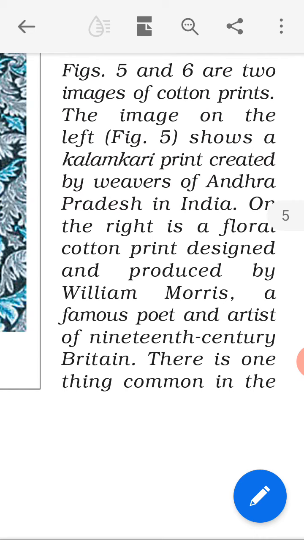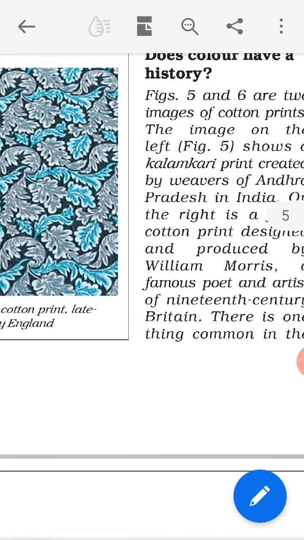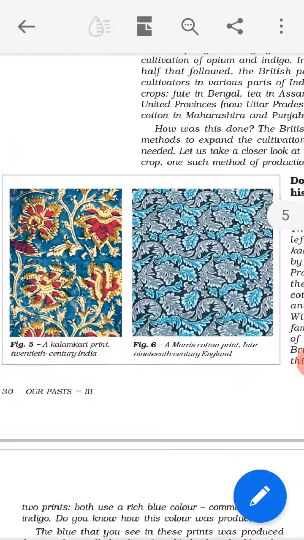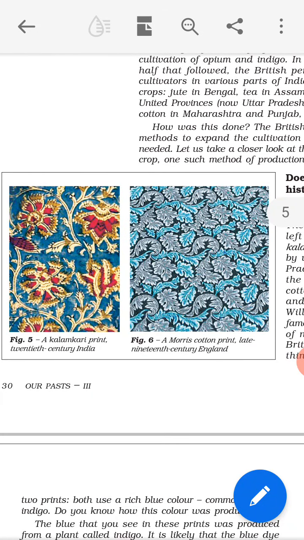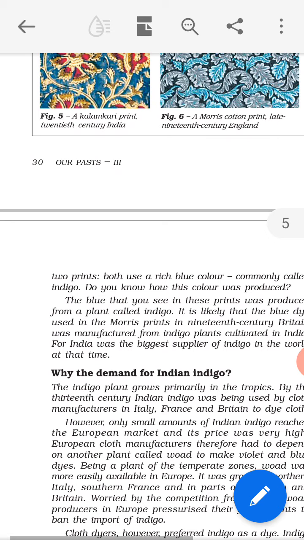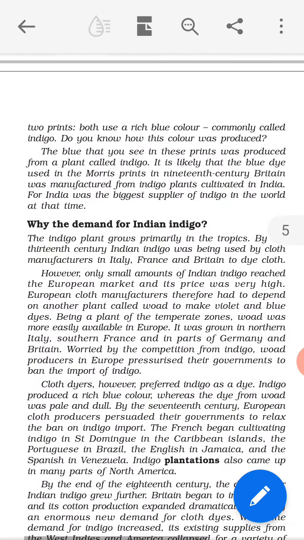Now students, there is one thing common in two prints. If you observe both of them, this one, you can see one thing that is common in two prints. What? Both, I am reading this one. Try to understand.